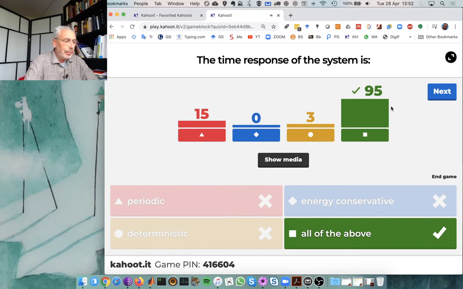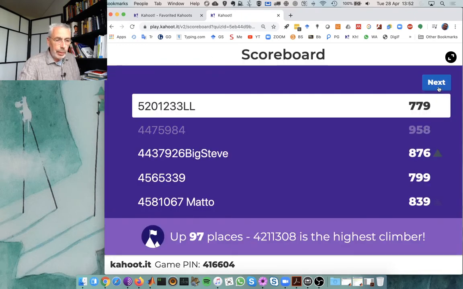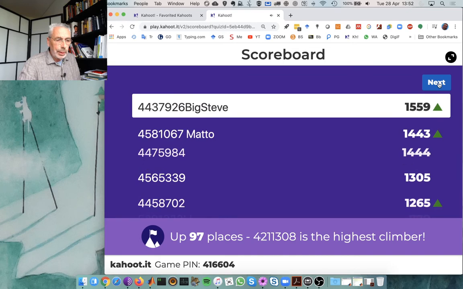Yeah, very good. So the system is both periodic, it's energy conservative, and it is deterministic. No chaotic dynamics. Very good.